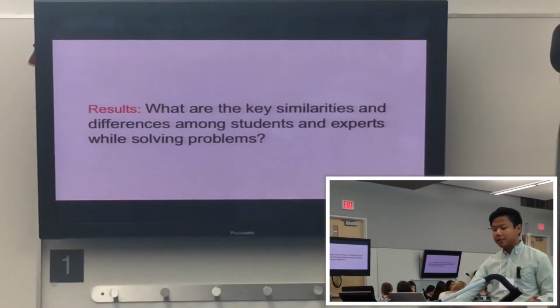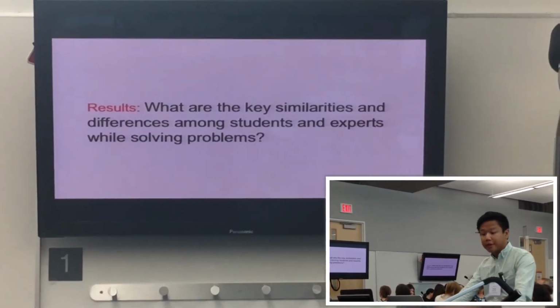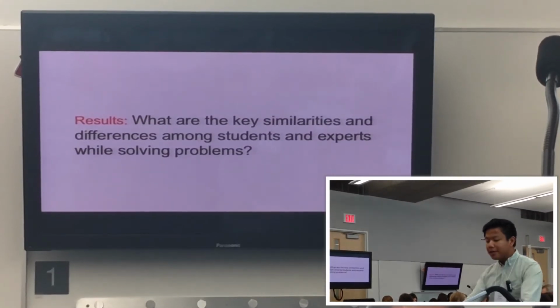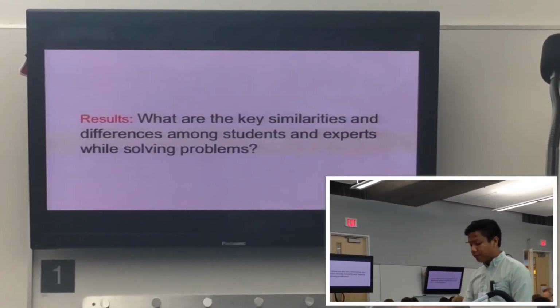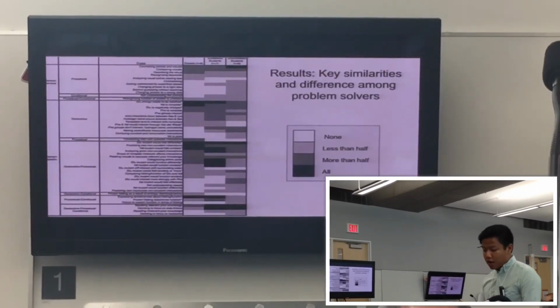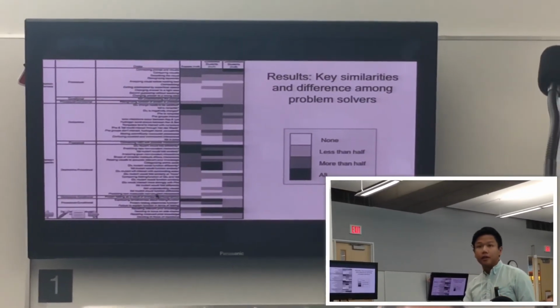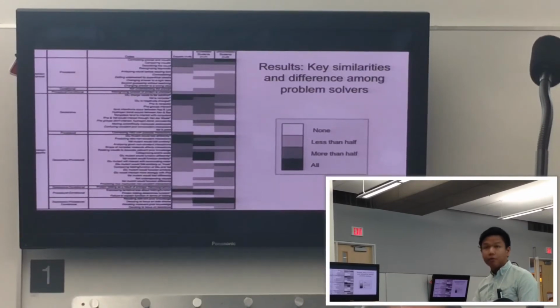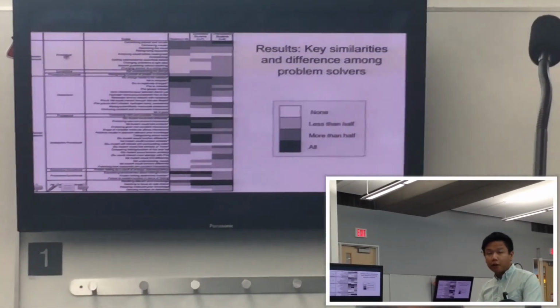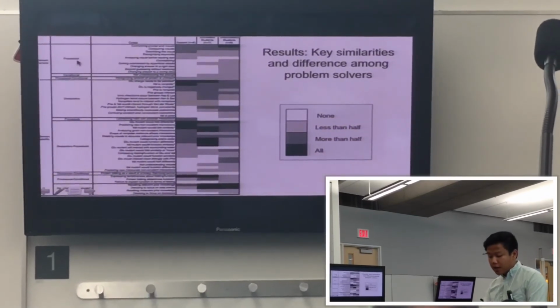So, now that we see measures of success, we want to compare solutions between successful and unsuccessful students. To show the differences and similarities in solutions between experts, successful students, and unsuccessful students, a heat map of code prevalence was generated. And again, I'm going to explain this heat map. It's a little overwhelming. Starting from left to right, the left represents the type of knowledge, domain general, domain specific knowledge, followed by the more specific categories.